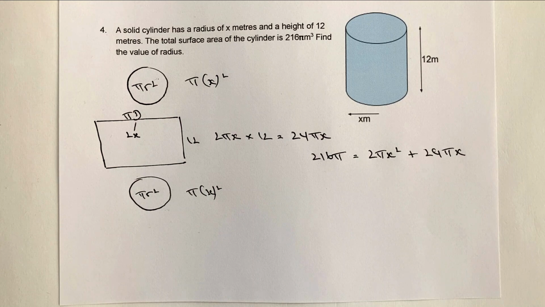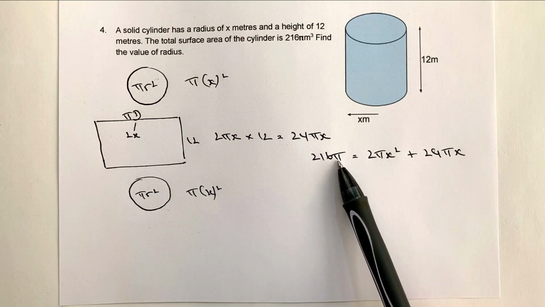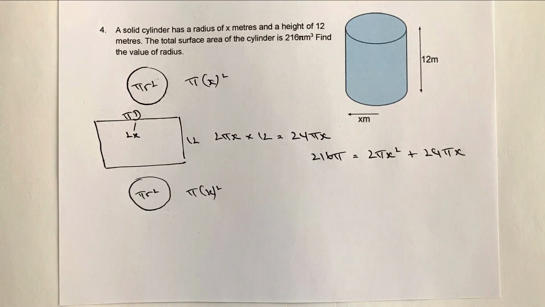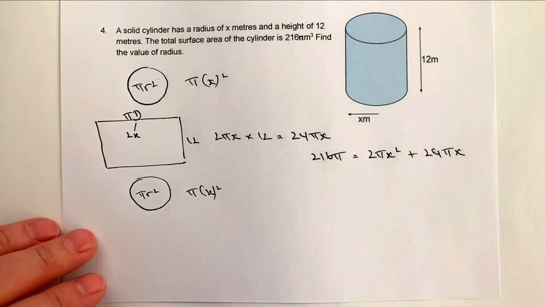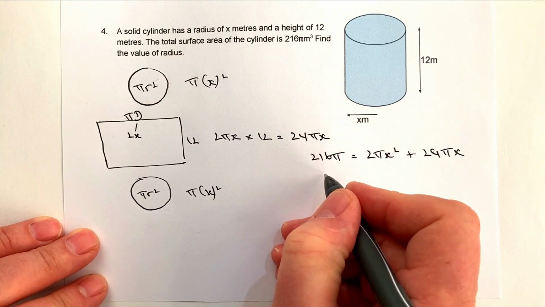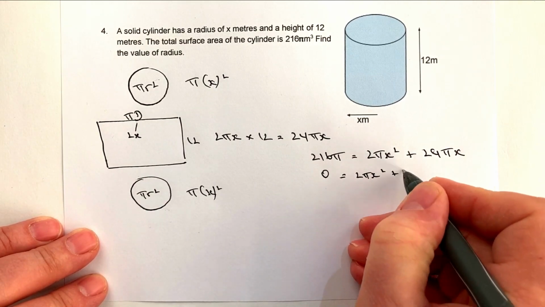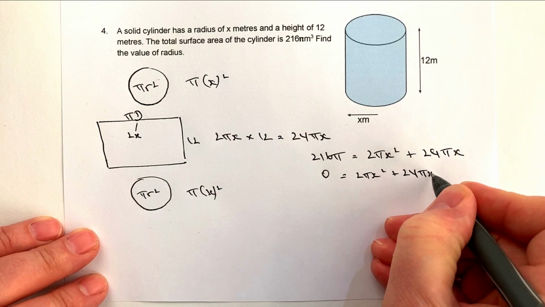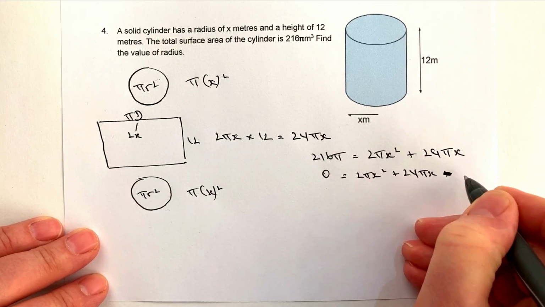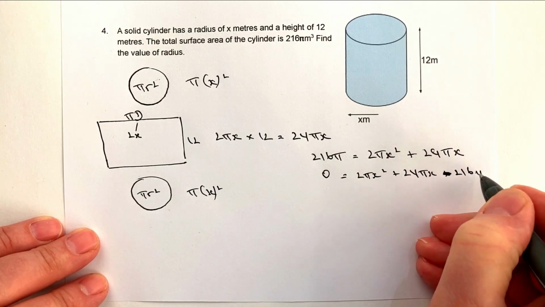Okay, so the first thing I'm going to do is I'm going to bring this 216 pi over towards the right-hand side. Now, the reason I'm going to do that is because I know I'm going to have to factorize this. I've got x squared. It's a quadratic that I'm going to have to factorize. Okay, so if I do that, I'm going to get 0 equals 2 pi x squared plus 24 pi x plus, minus 216 pi.